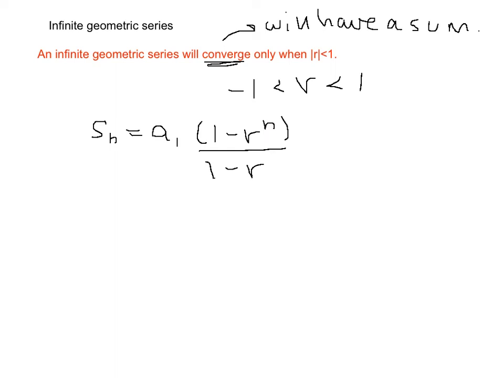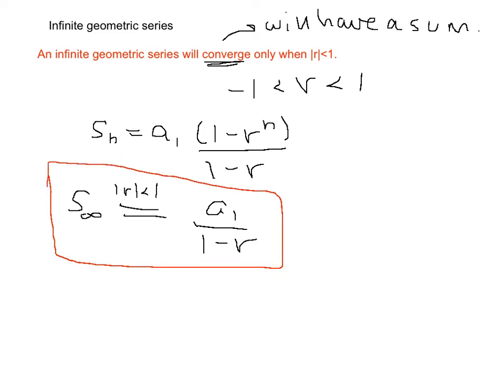And so, what we can write is the sum of an infinite number of terms will equal, as long as r is less than 1, it'll just equal a sub 1 over 1 minus r. And that becomes a really simple formula. Right? So let's look at an example of that.